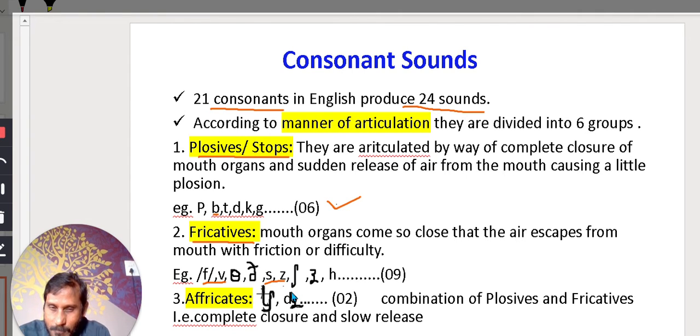This is called actually schwa according to phonetic terminology. I'll tell you in my next video, and I'll give you examples for all these 24 consonant sounds or consonant phonemes. This is schwa.